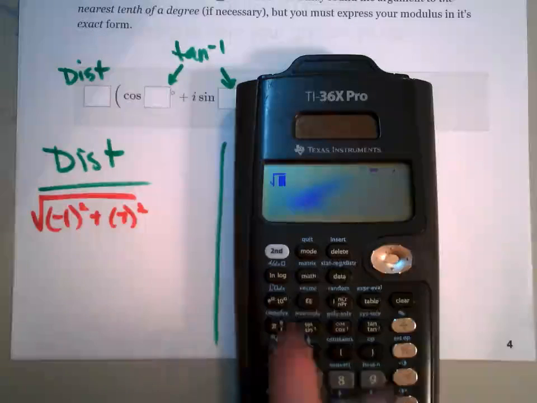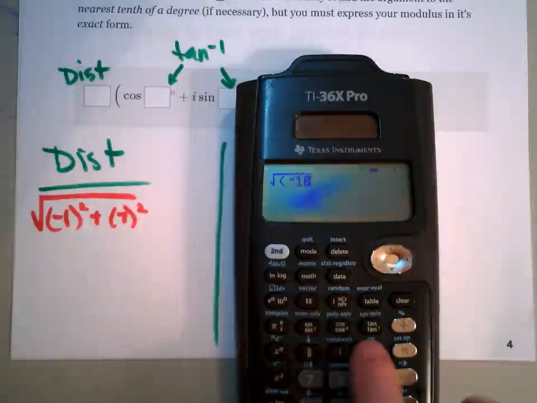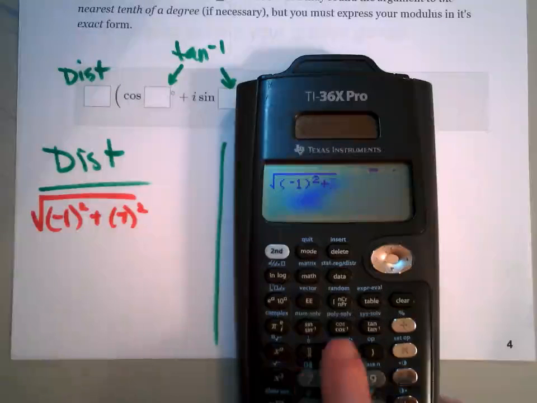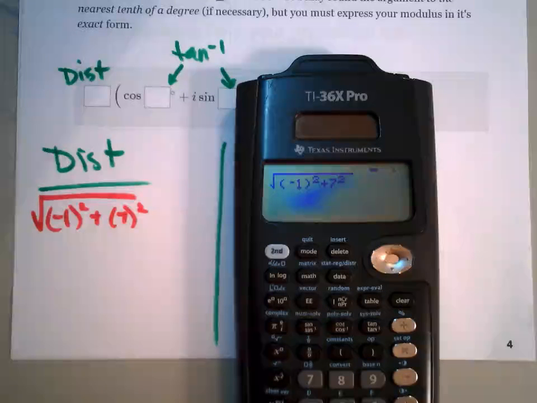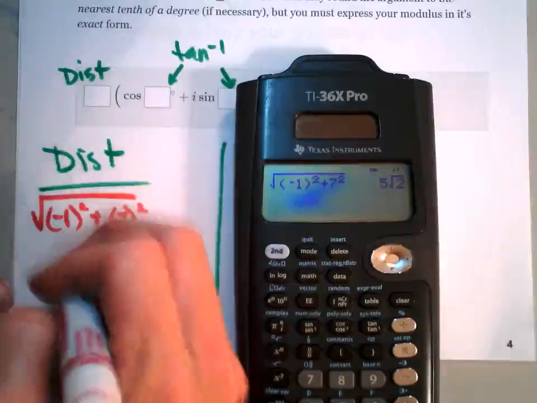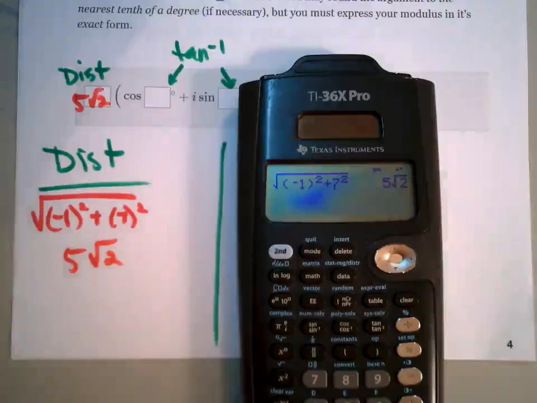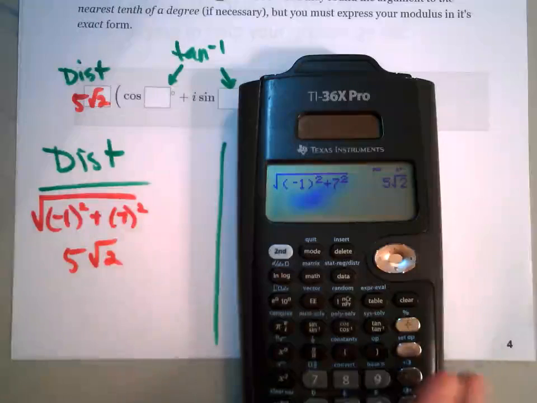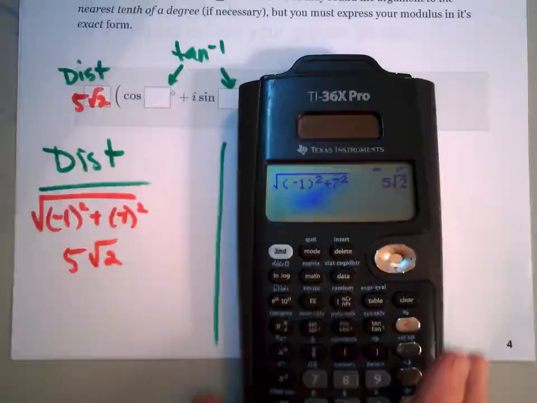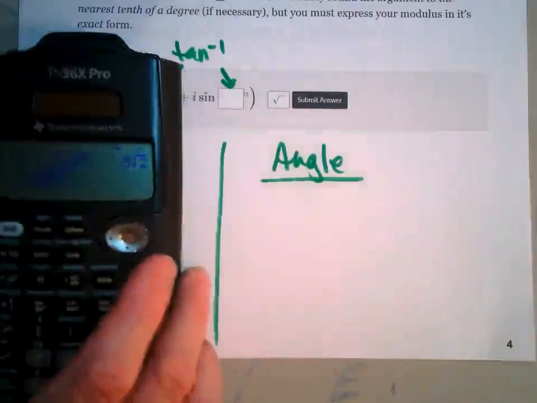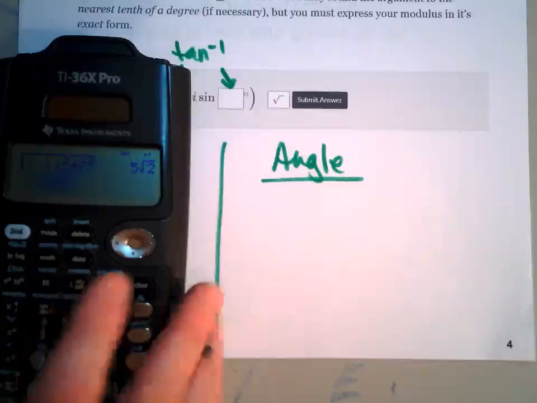So we'll go square root of negative 1 squared plus 7 squared, and it gives us 5 square root of 2, and that's exactly what you want to put right here, 5 square root of 2. So that is the distance, otherwise known as the modulus. Then we do the angle.